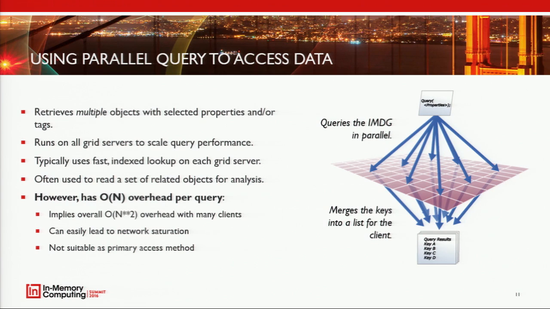So you may typically have n application servers doing queries at the same time. So now what you have is order n squared overhead. And where does that overhead go? It goes to the network. And so the network gets quickly saturated. By the way, this is one of the first lessons we learned building parallel supercomputers: the network is the bottleneck.